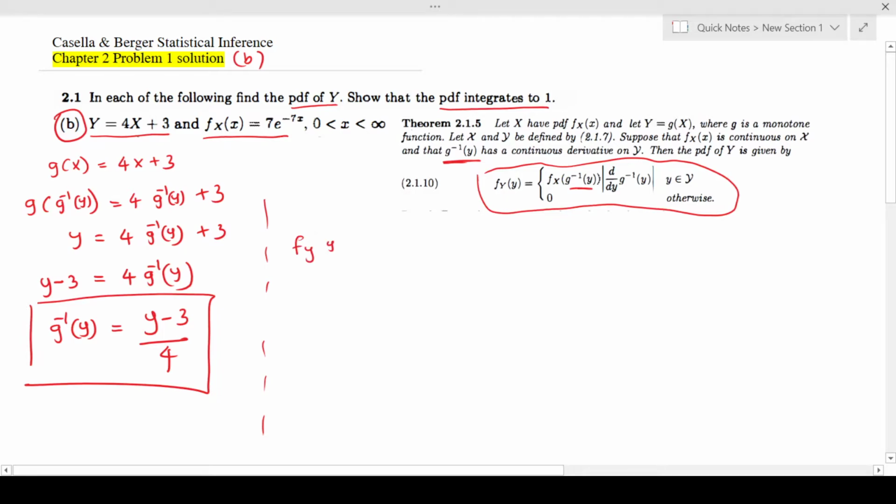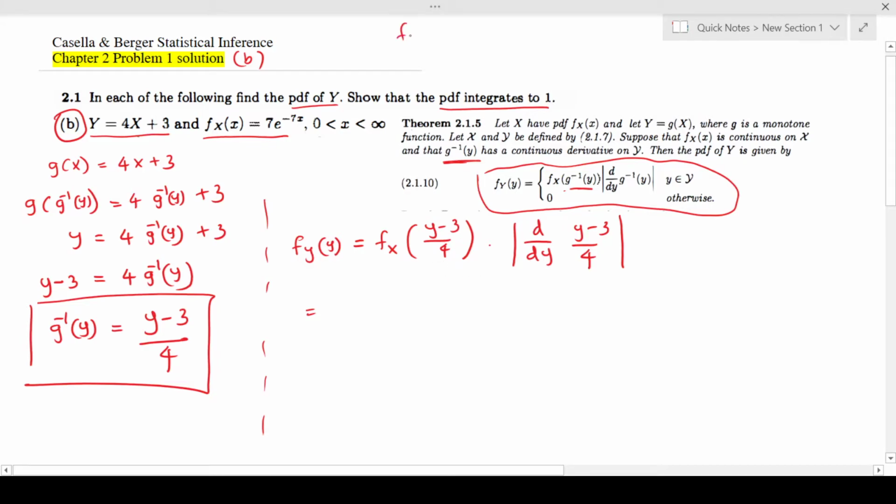You just have to plug g inverse of y into this formula and get the answer. So f_Y(y) is equal to f_X(g inverse of y), so f_X of (y minus 3) over 4, multiplied by the absolute value of the derivative of g inverse of y, that is the derivative of (y minus 3) over 4.